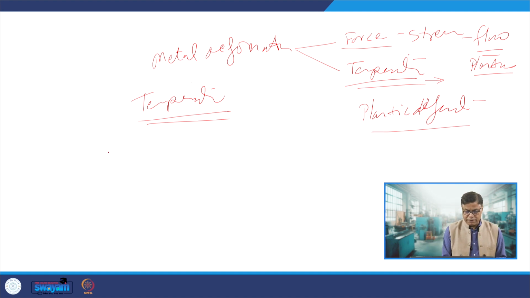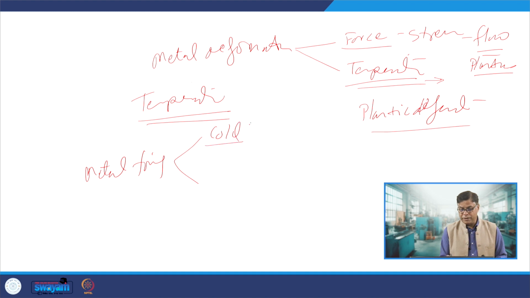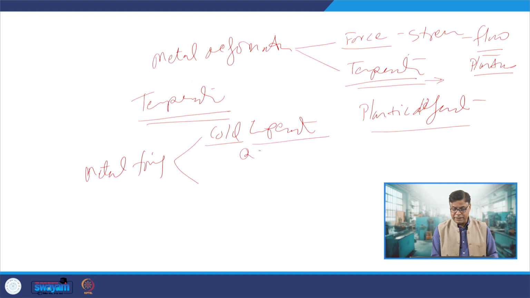Based on the temperature, we can have cold forming when the temperature of the metal being subjected to plastic deformation is at room temperature or close to the room temperature.